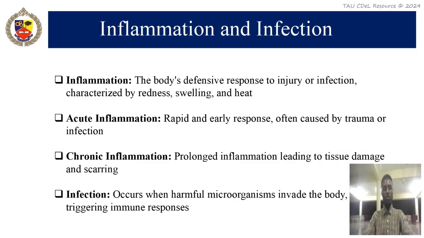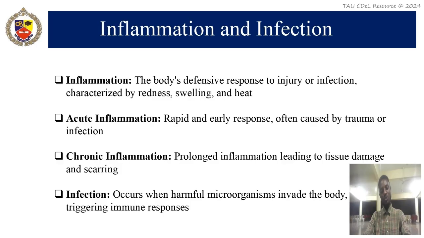Let me take us through inflammation and infection. What is inflammation? Inflammation is the body's defensive response to injury or infection, characterized by redness, swelling, and heat. There are different types of inflammation. We have acute inflammation and chronic inflammation.